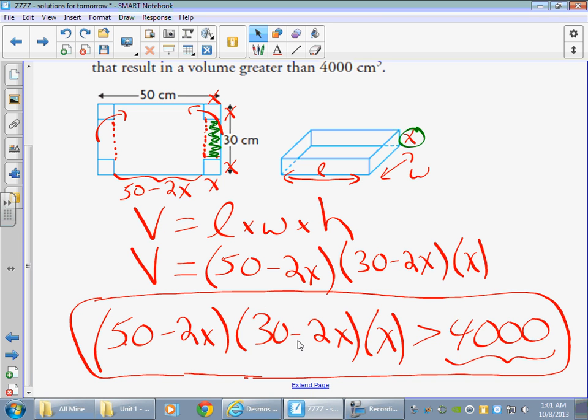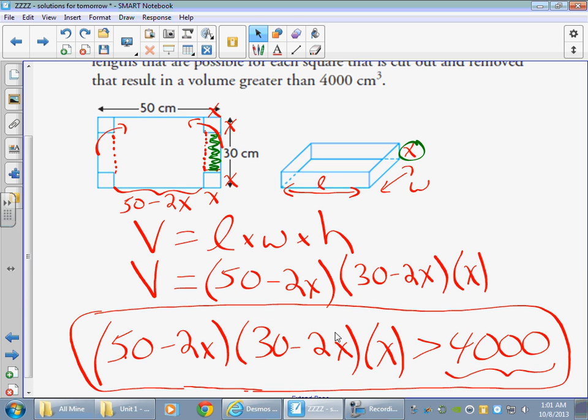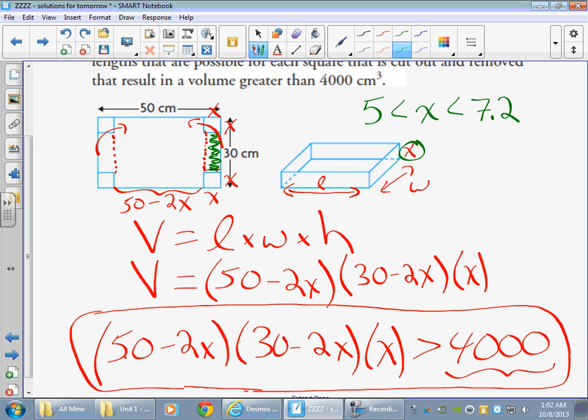Okay, so our answers here, I don't think I ever wrote them down, but it was basically 5 is less than x, which is less than 7.2.